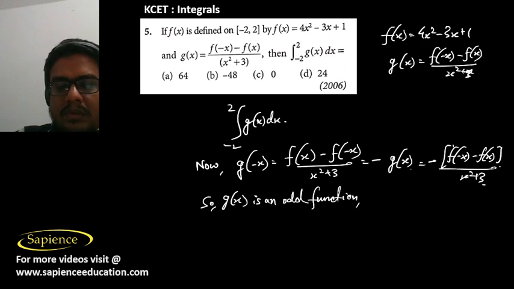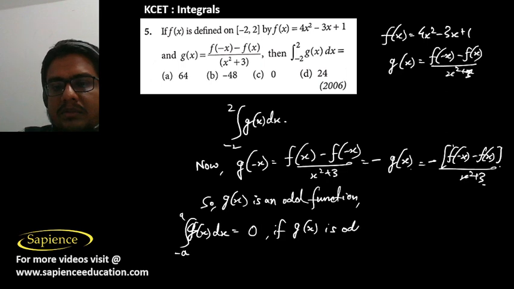So we know that integral minus a to a g of x dx is equal to 0 if g of x is an odd function, and that is equal to 2 into integral 0 to a g of x dx if g of x is an even function.